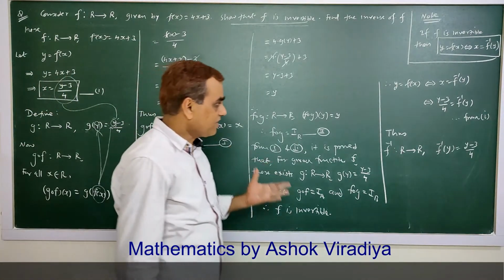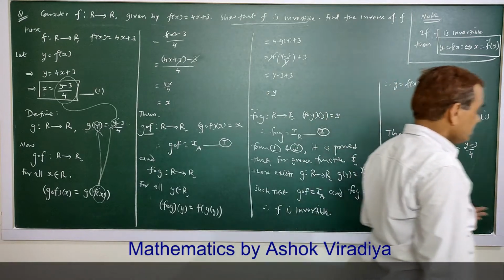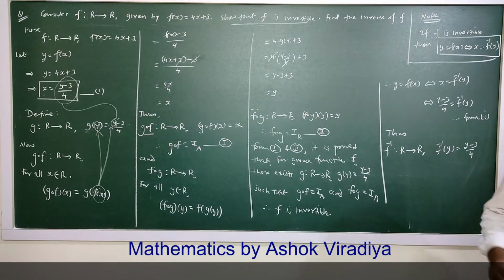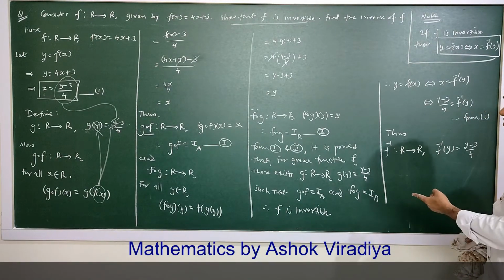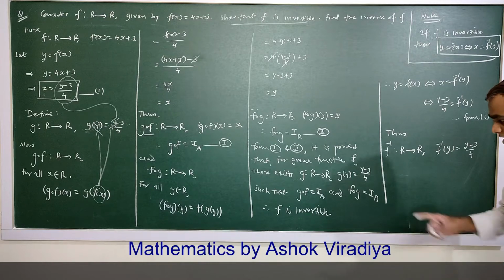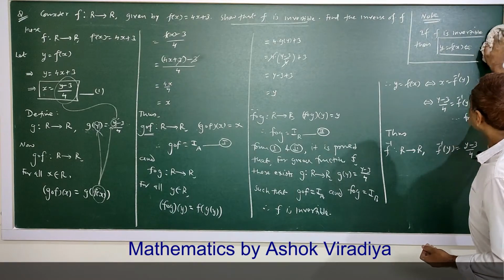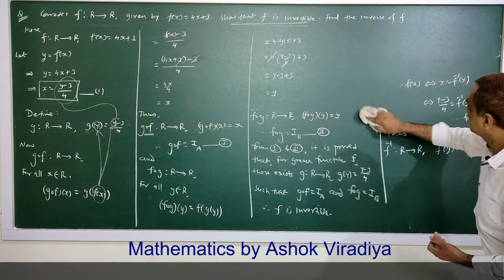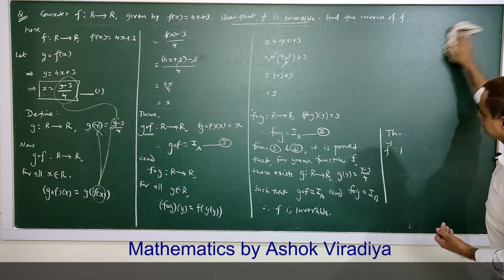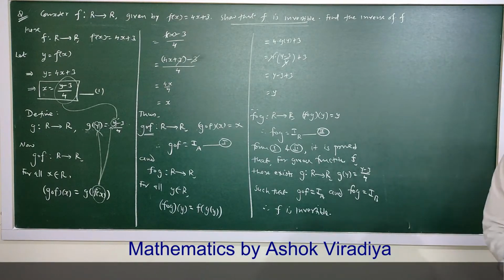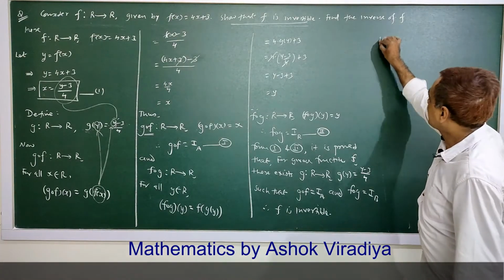So this is the method to find the inverse function, or we can also say, in the definition it was discussed that this function g is said to be the inverse function. So instead of these statements, we can also end this answer this way.